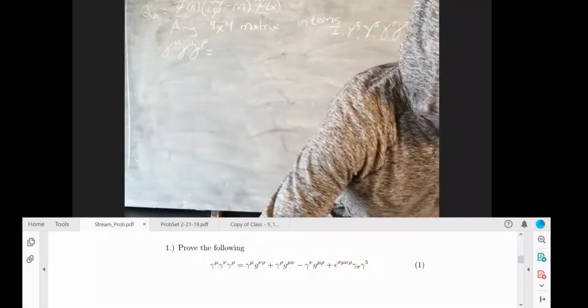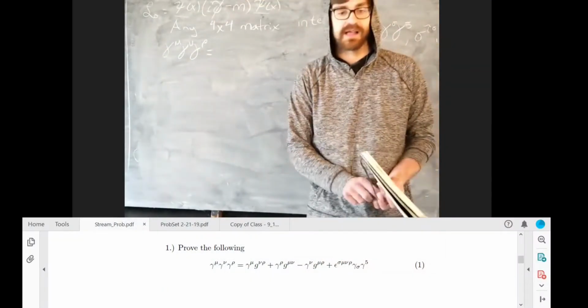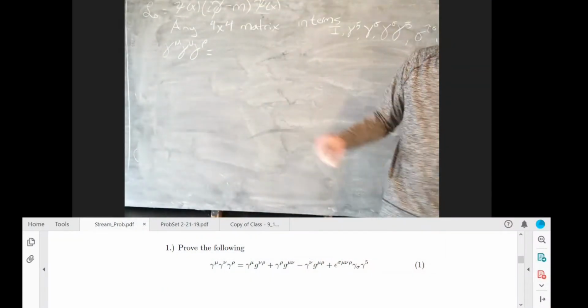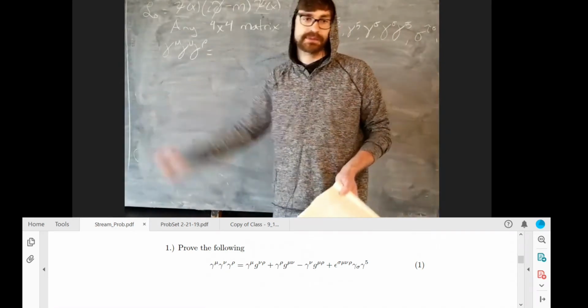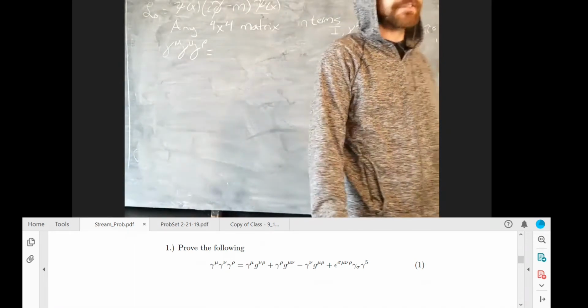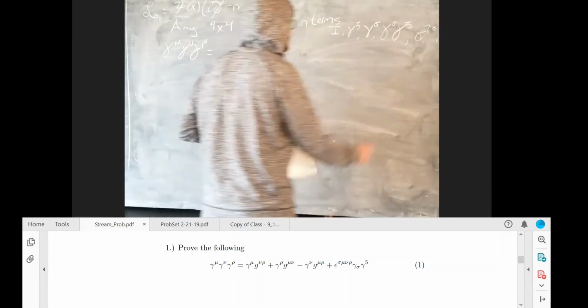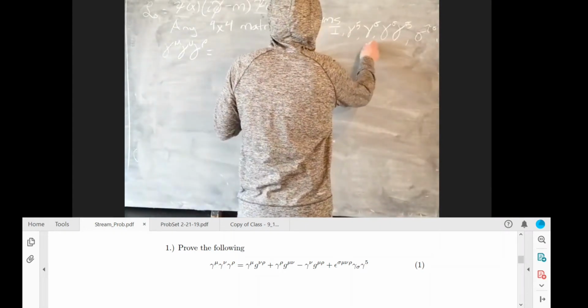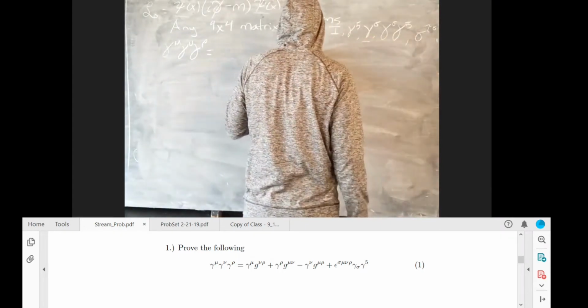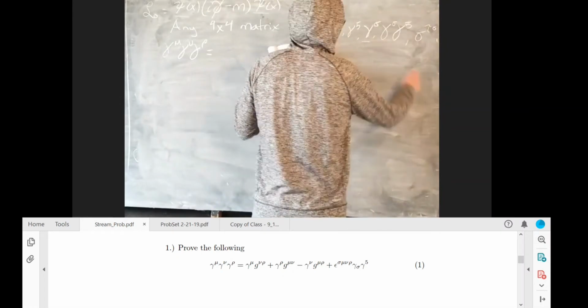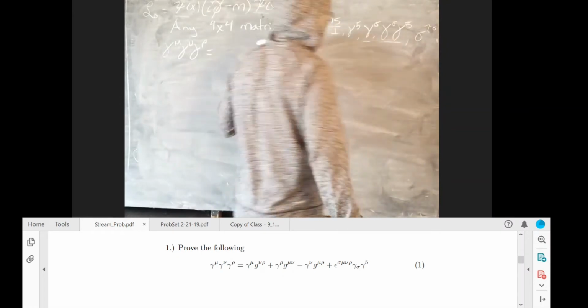For this particular problem, he says that because there's 3 matrices here, you only need the following 2 elements: gamma and gamma times gamma 5.